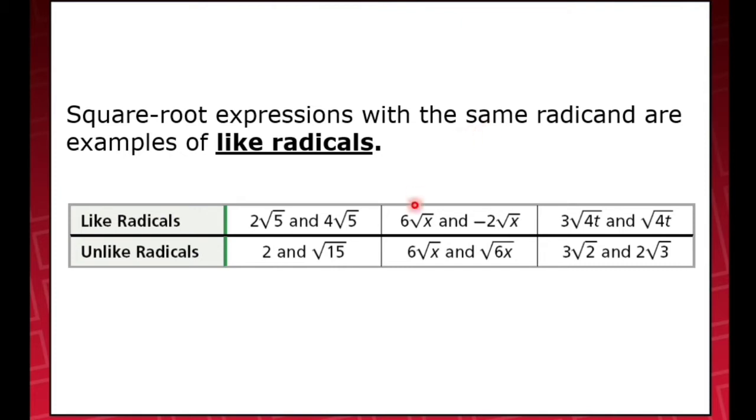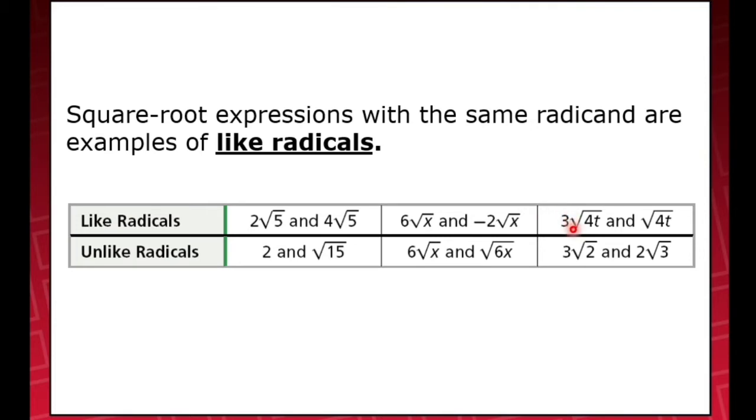Another example is 6 square root of x and negative 2 square root of x. Again, their indices are the same. The index here is 2 and the index here is also 2. Their radicands are also the same, since they both have x as the radicand. Therefore, 6 square root of x and negative 2 square root of x are like radicals.